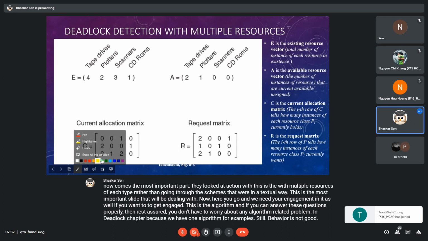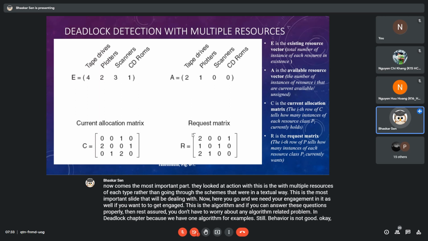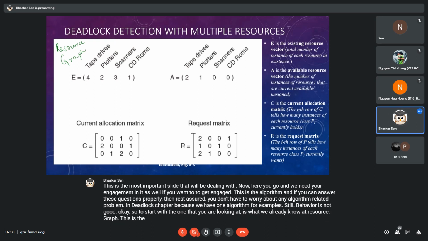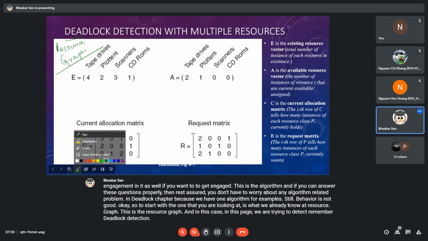Okay, so to start with, the one that you are looking at is what we already know as the resource graph. And on this page, we are trying to detect, remember, deadlock detection.